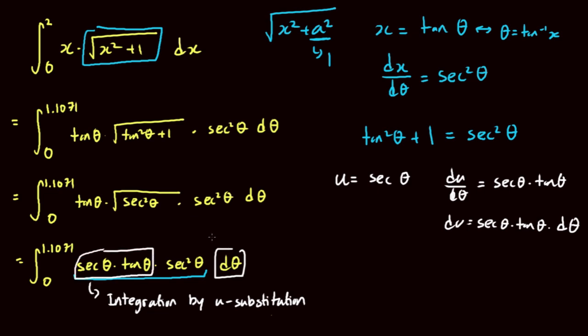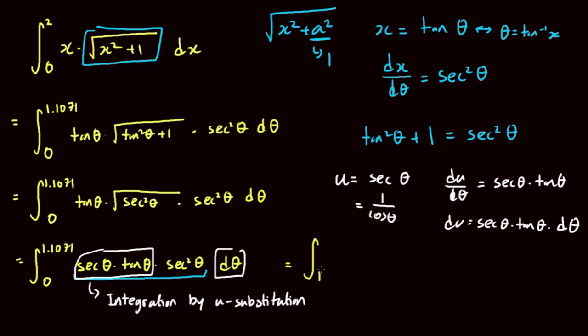Okay. And of course, we need to change our limits in terms of u. So of course, sec theta is what? It is 1 over cosine of theta, right? So therefore, our new limits would be, 1 over cosine 0 would be 1, okay?